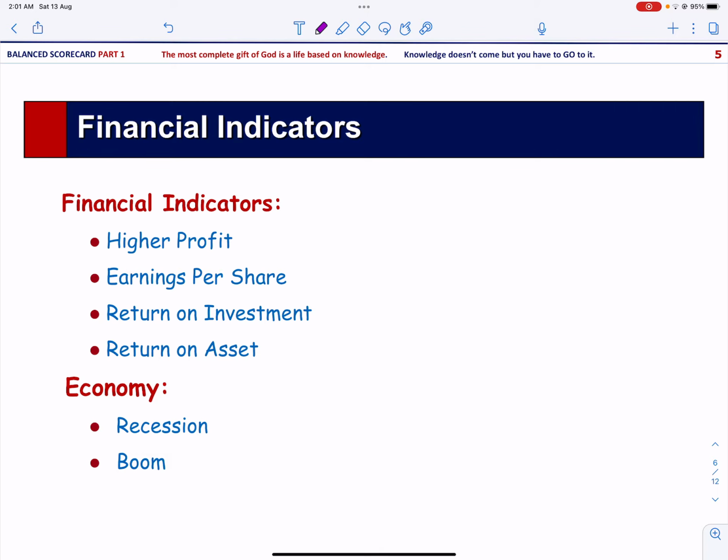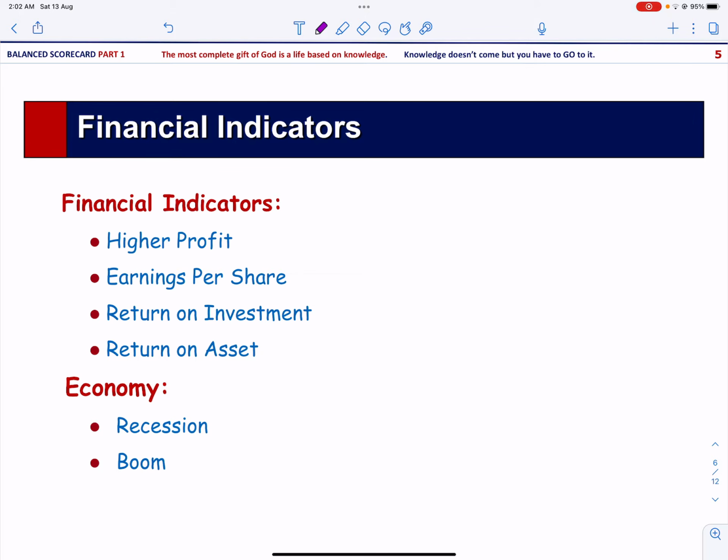Unfortunately, not everything is fine in these financial indicators, as not every factor that affects the company's performance is incorporated in it. Think of the economy. If the economy is not doing well, the company may not be performing well despite the fact that it has good managers.